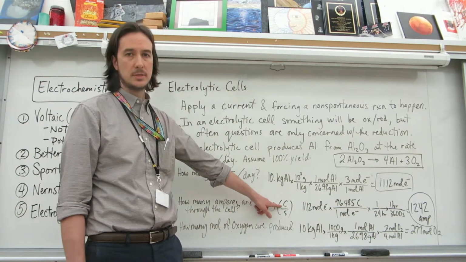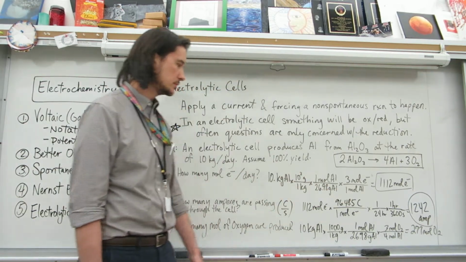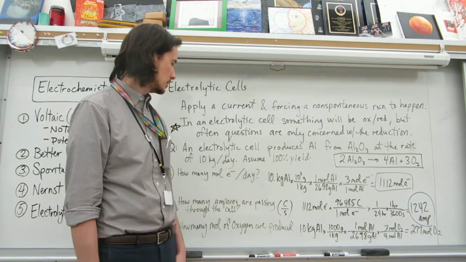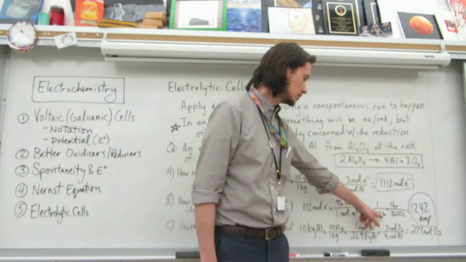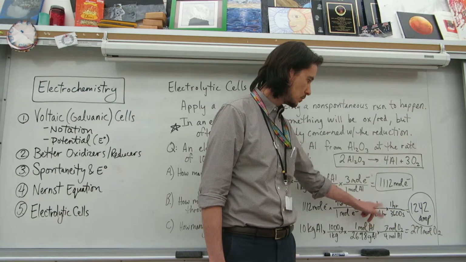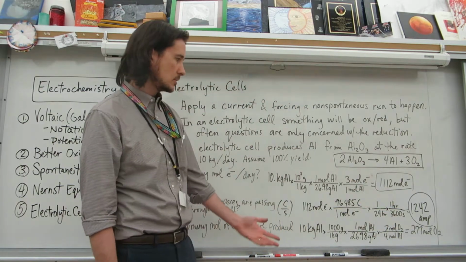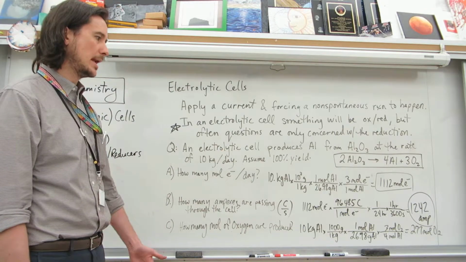We need coulombs if we're going to deal in amperes. So we convert moles of electrons to coulombs, and then we also need seconds in the denominator. So this is per day. We put 24 hours down here, just 1 over 24 hours, and then convert to seconds. So we have coulombs per second, or amps, which is 1242 amperes.